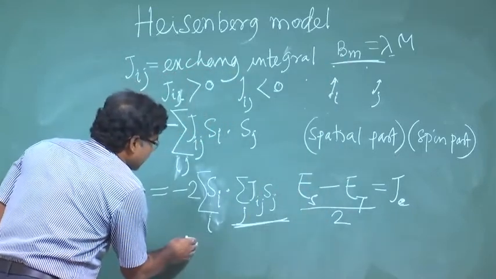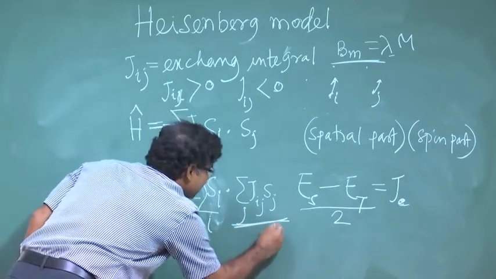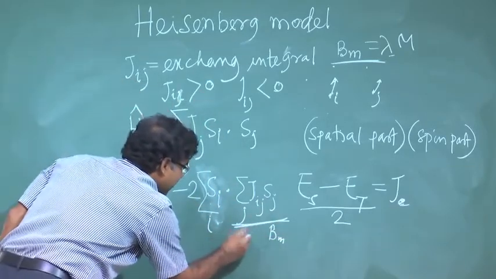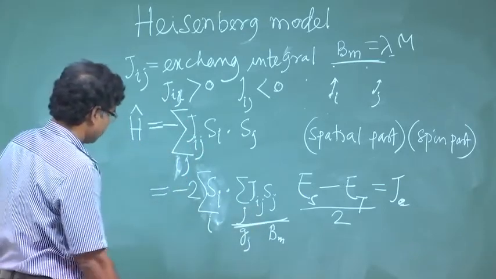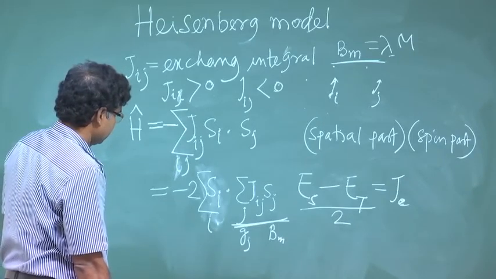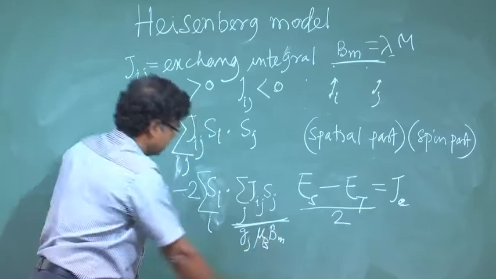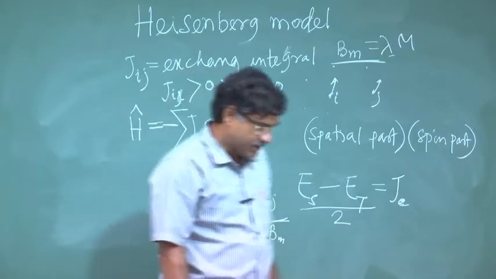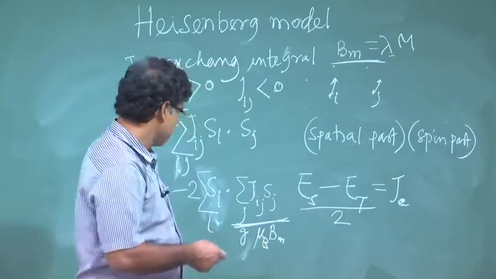So I can replace this with the molecular B M, and then the magnetic moment G j, G mu B. Now, if we consider only spin, G will be 2, right.